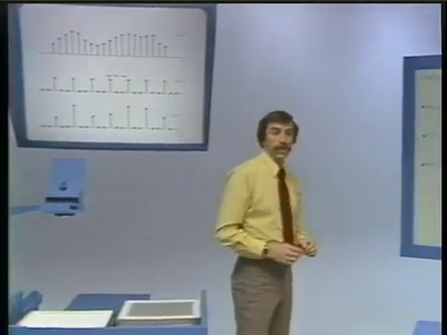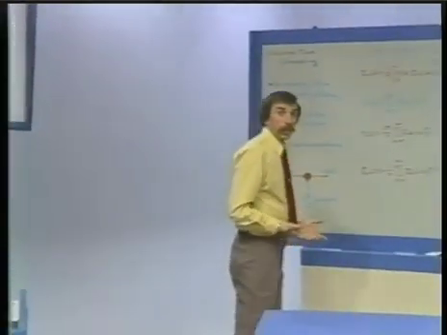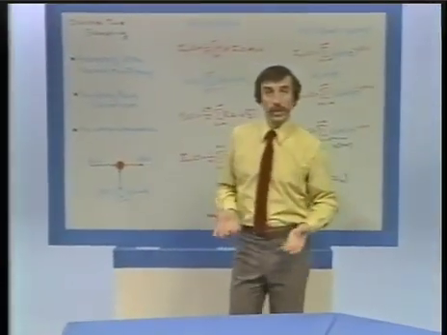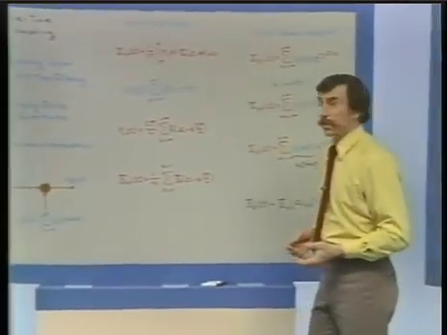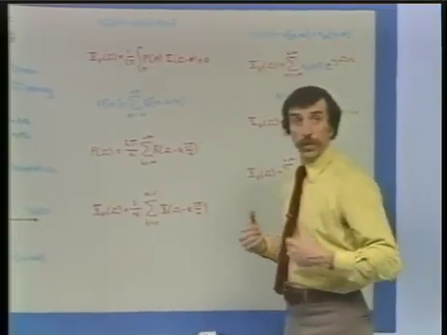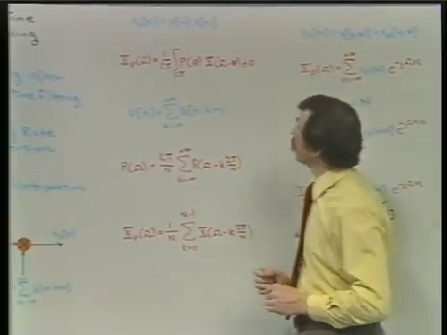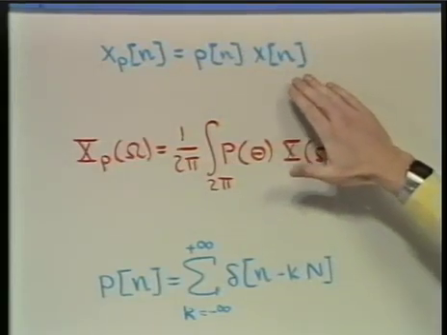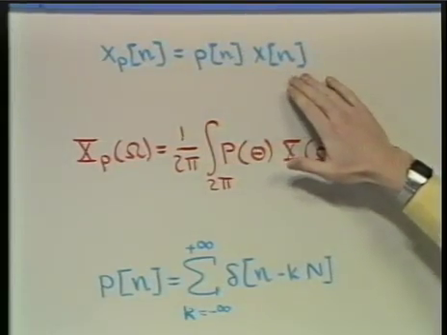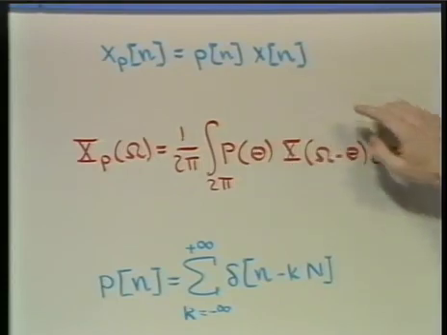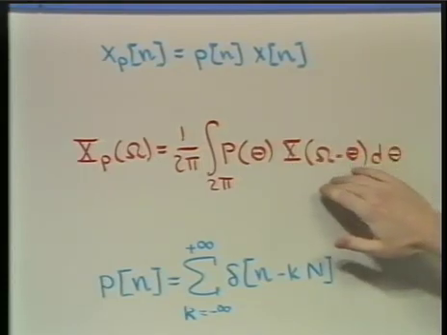Now, the analysis of discrete time sampling is very similar to the analysis of continuous time sampling. And let's just quickly look through the steps that are involved. We're modulating or multiplying in the time domain, and what that corresponds to in the frequency domain is a convolution.